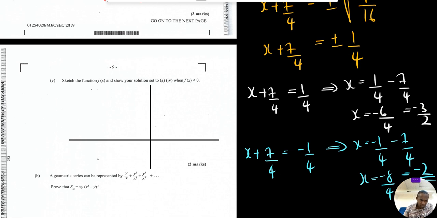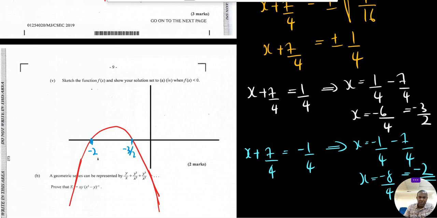Turning point, something like this, turning line, something like this. And it comes down here to have a y-intercept, something like this, y-intercept somewhere down here. Yes, something like that. And so these values are our roots. This one would be minus 2. This is minus 3 over 2.